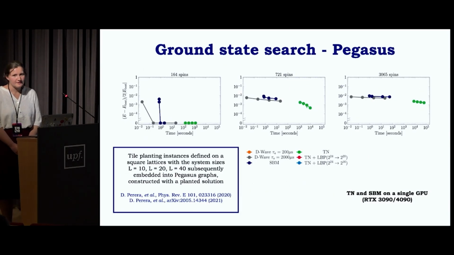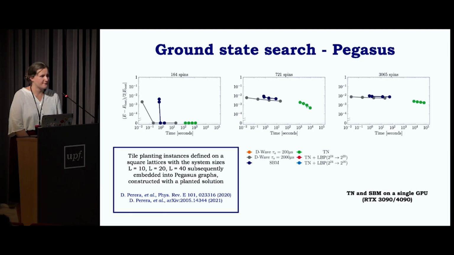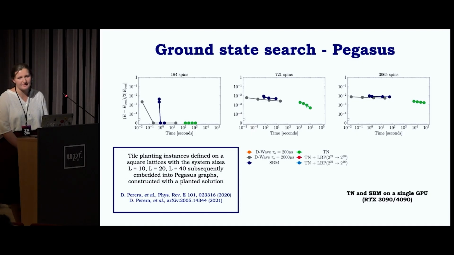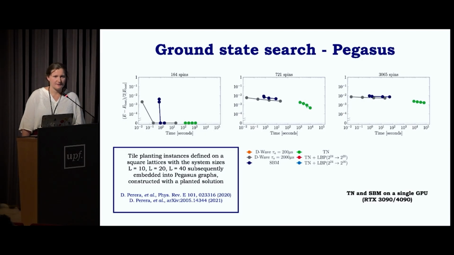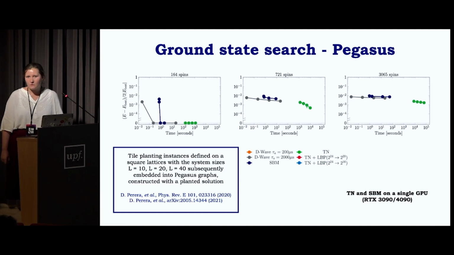Apart from those random instances on Pegasus and Zephyr graph, we also tested tile planting instances, also on the Pegasus graph. Tile planting instances are instances that are constructed with a planted solution, so the ground state is known a priori. There are no i.i.d. problems.